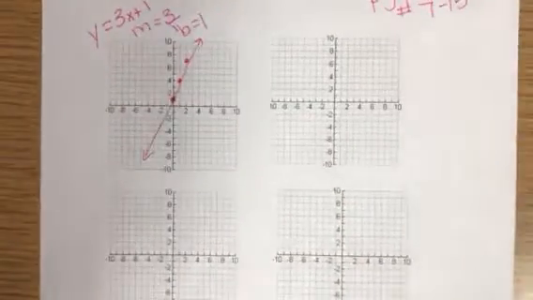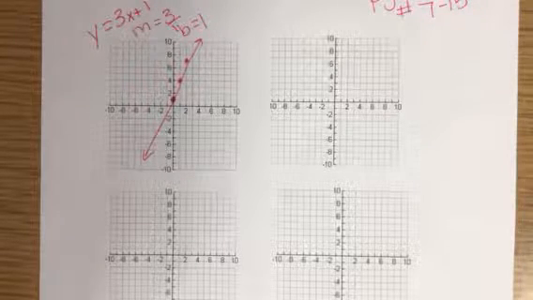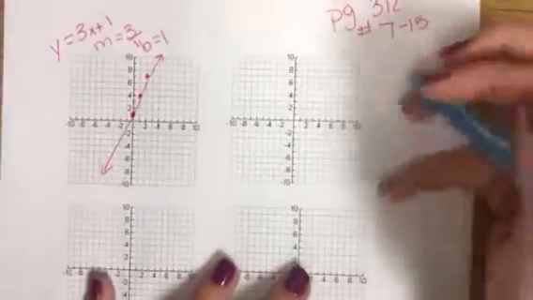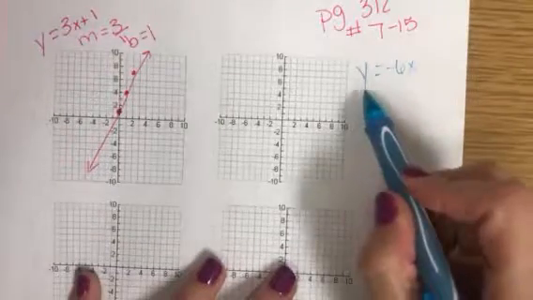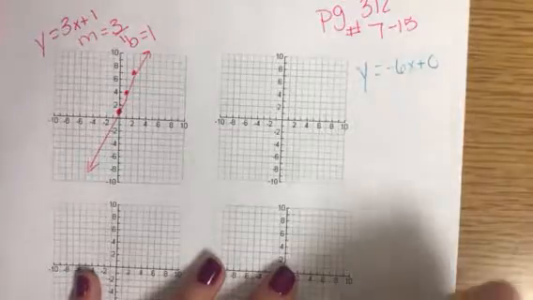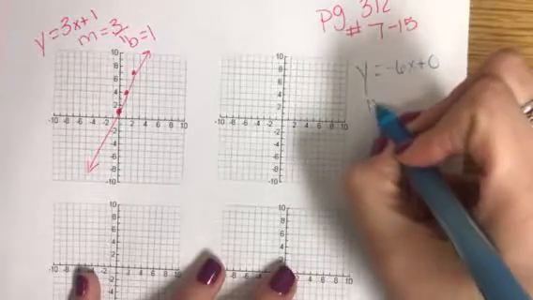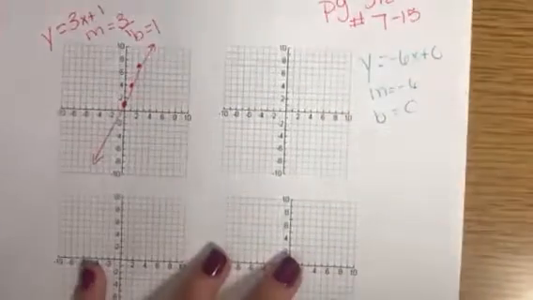Let's also take a look at number 12. We have y equals negative 6x. This really says y equals negative 6x plus 0. So we know that our slope or our m is negative 6, and our y-intercept or our b is 0.